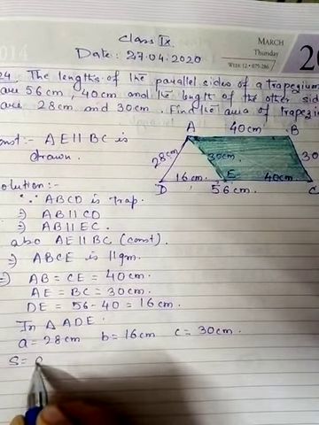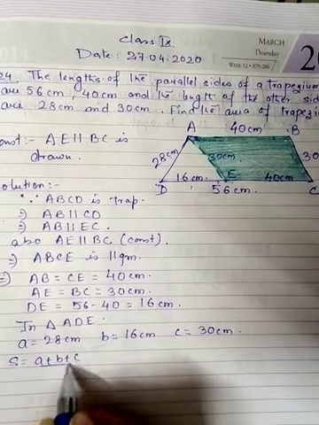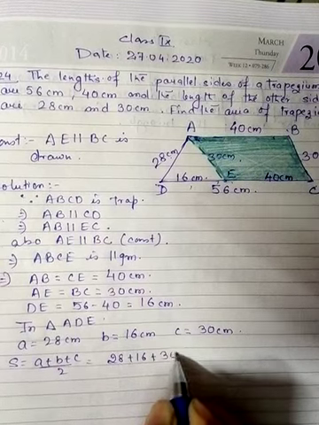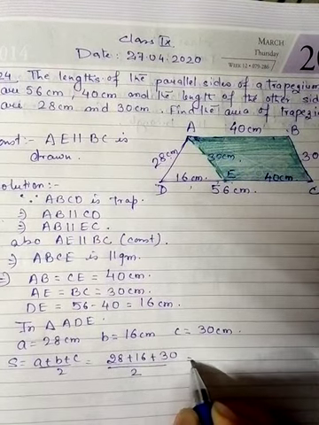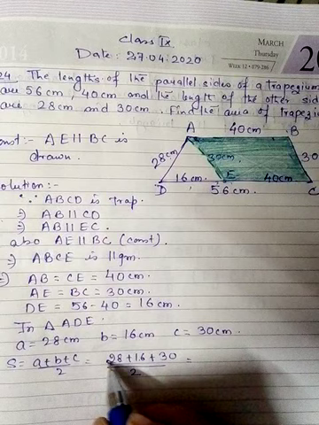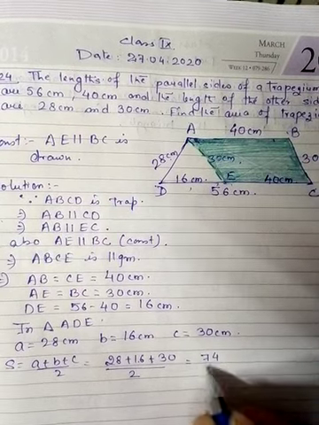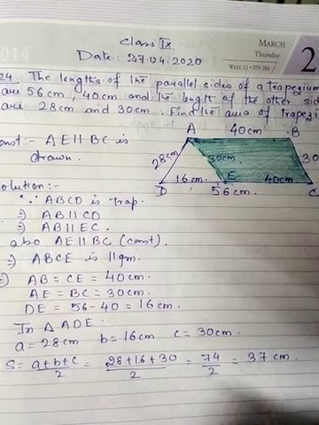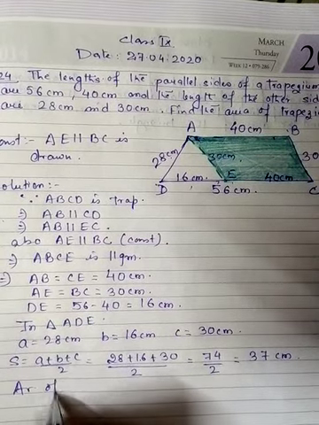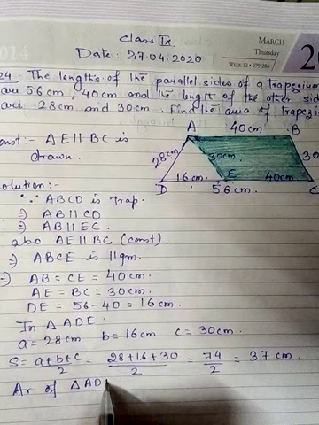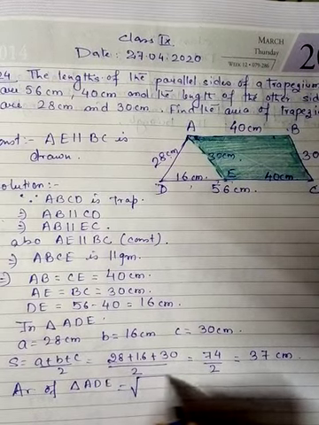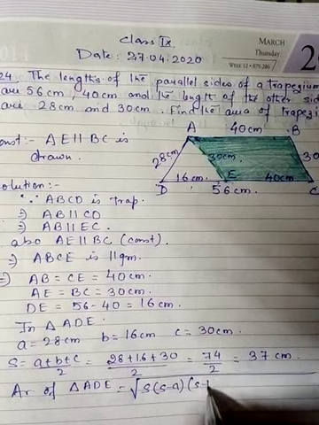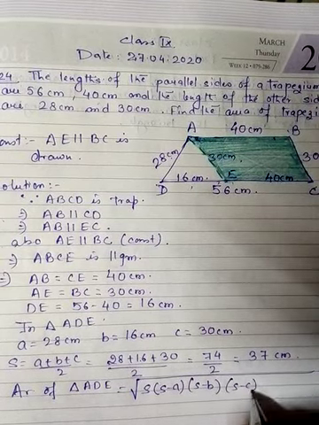Now let's find s. s is equal to (a plus b plus c) by 2, that is (28 plus 16 plus 30) by 2, and we will get 74 by 2. That means we get 37 centimeter. Now the area of triangle ADE will be equal to under root s, (s minus a), (s minus b), (s minus c).